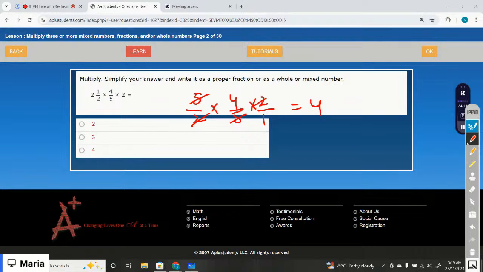The correct option is 4. Option number 3 is the correct option. Got it? That is 4.